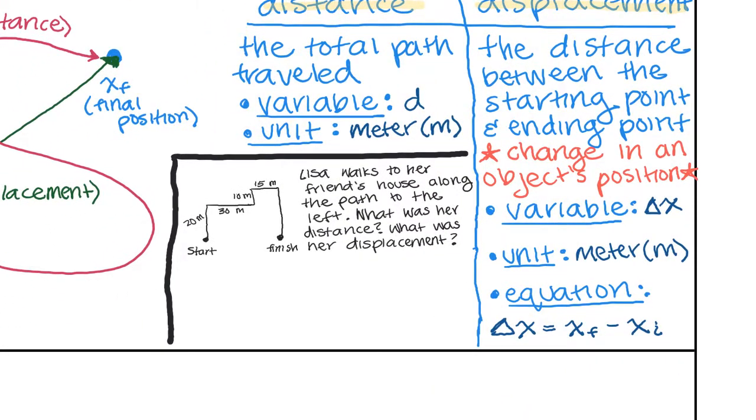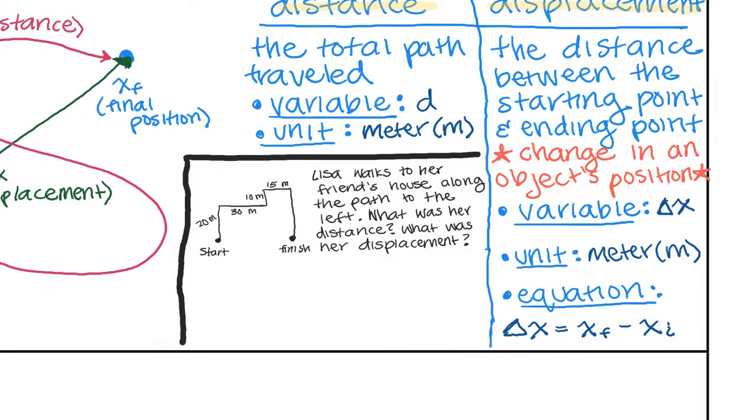The other thing to note about displacement is it is simply measuring the change in an object's position. Remember, we use the variable x to represent an object's position. We are going to add this little delta here. This triangle is what we call a delta, the Greek letter for change.